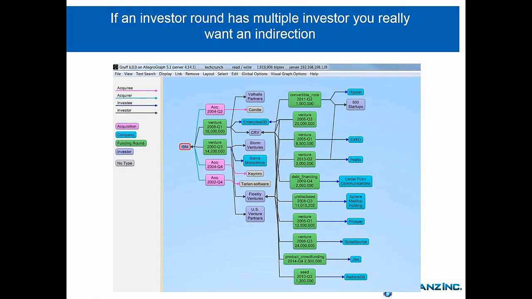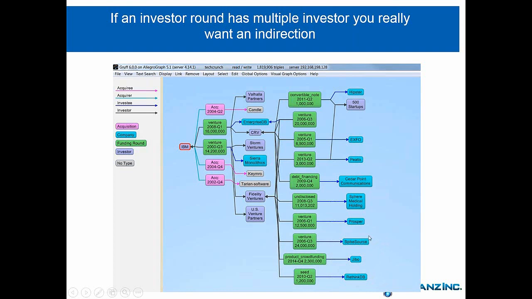And again, you could say IBM invested in, say, the company Sherry Monolithics, but it was so much better to have an object in the middle where you can say, well, this was a venture, this was in the third quarter of 2000, and the total amount that IBM and Storm Ventures put into this venture was $40 million, and the investee was Sherry Monolithics. And so this generated, again, a really interesting graph to see who invests in what.